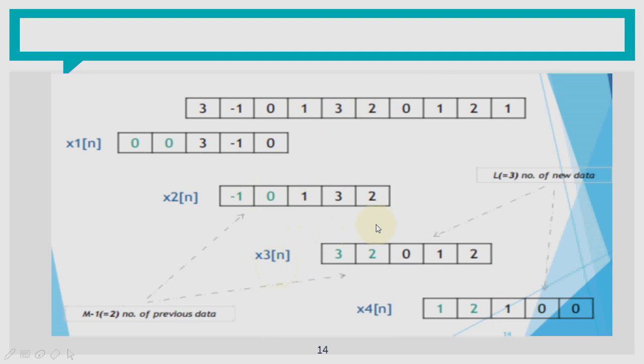For x3 of n, the previous m minus 1 samples are taken, that is 3 and 2, and new samples, that is 0, 1, 2, are taken. Again x4 of n: previous samples 1 and 2 are taken, and the new sample, that is 1, is remaining, and two zeros are padded here. So in this way you will get x1, 2, 3 and 4. 4 blocks are available.